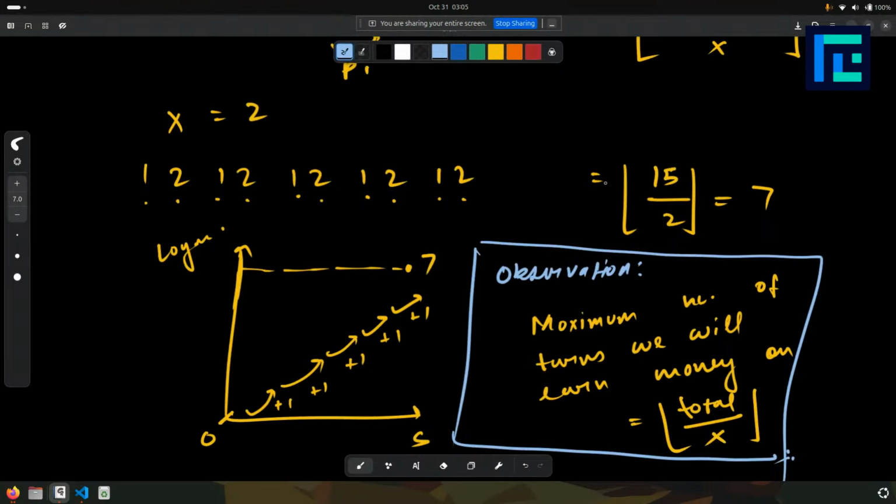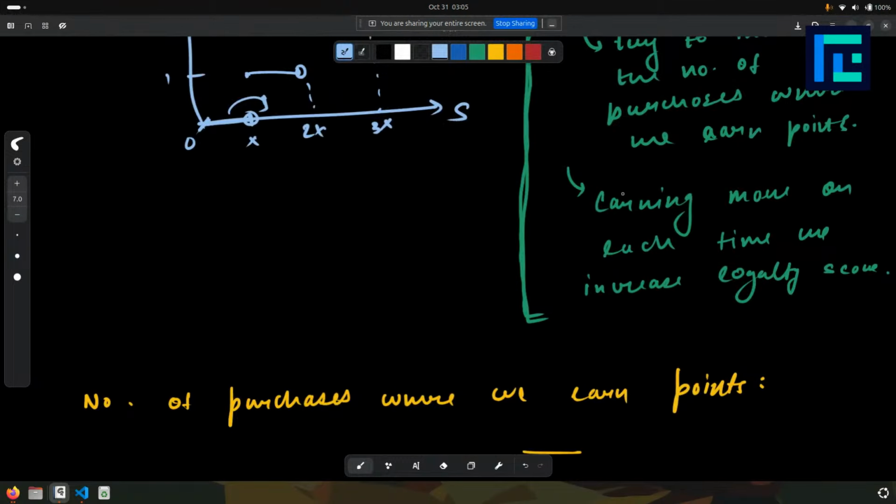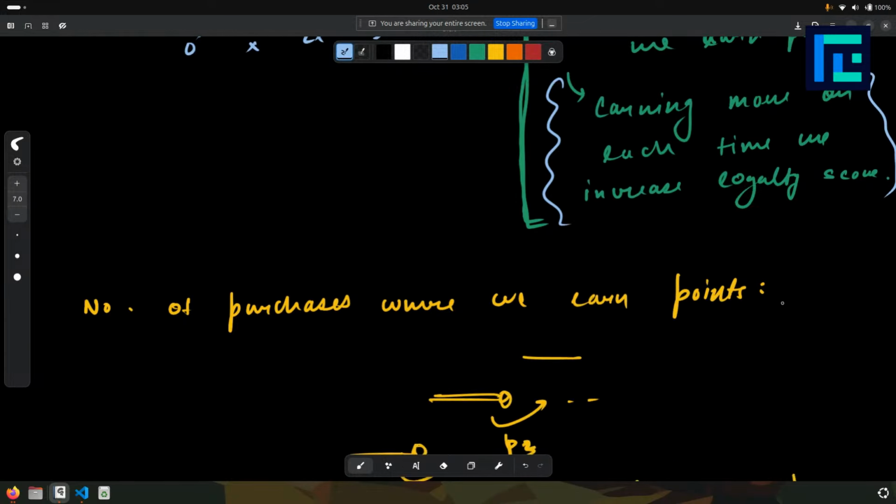Now the other factor was earning more each time we increase the loyalty score.